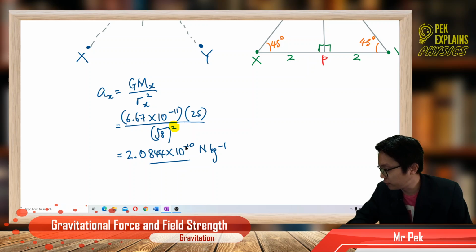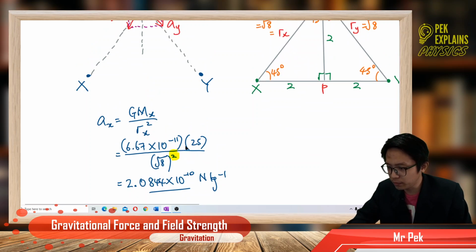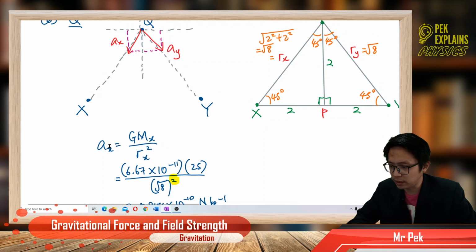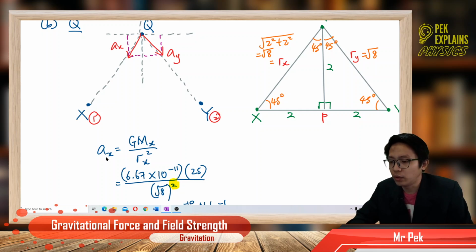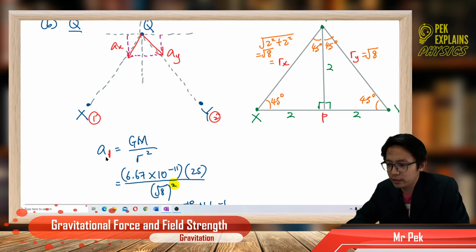I think we shouldn't put Ax, because we try to denote this as 1 and this as 2, x as 1, y as 2. So better we put this as A1 instead of Ax, because later we're going to use the x component and y component. So just change this to mass 1 and r1. Okay, 1, 1.